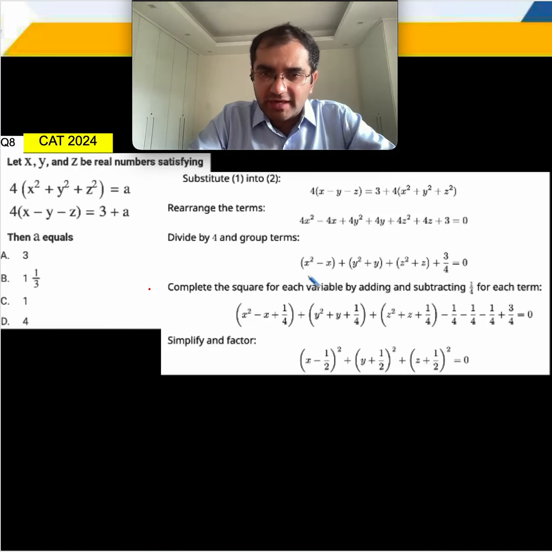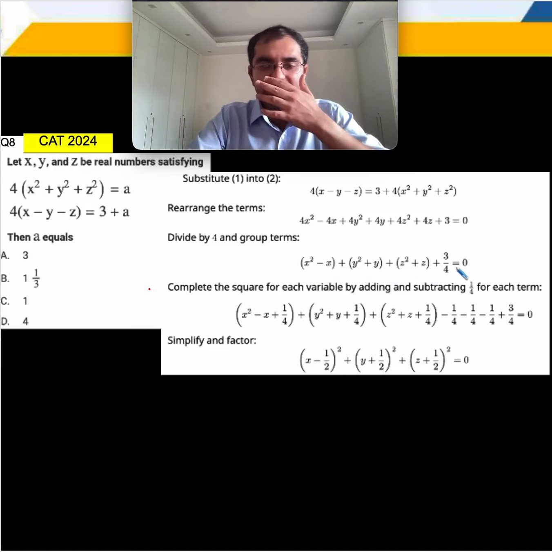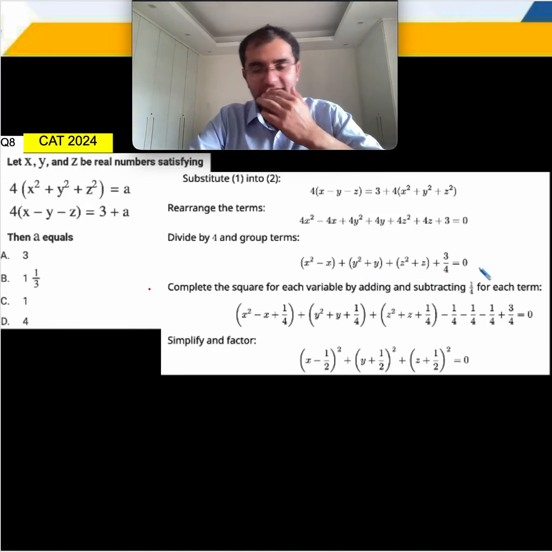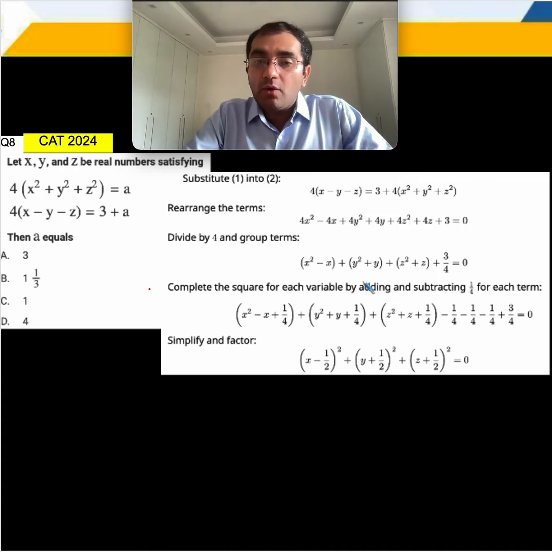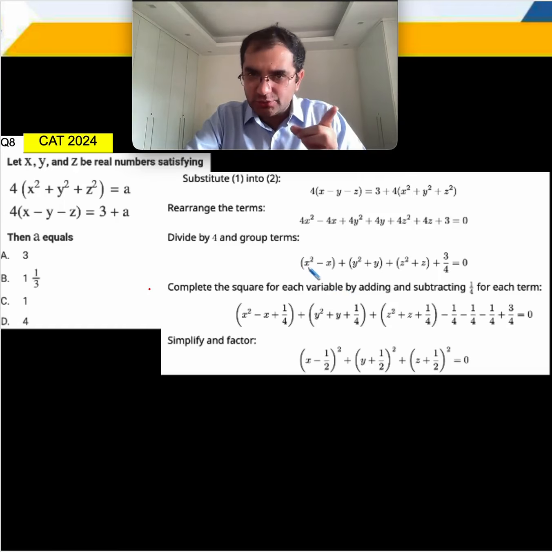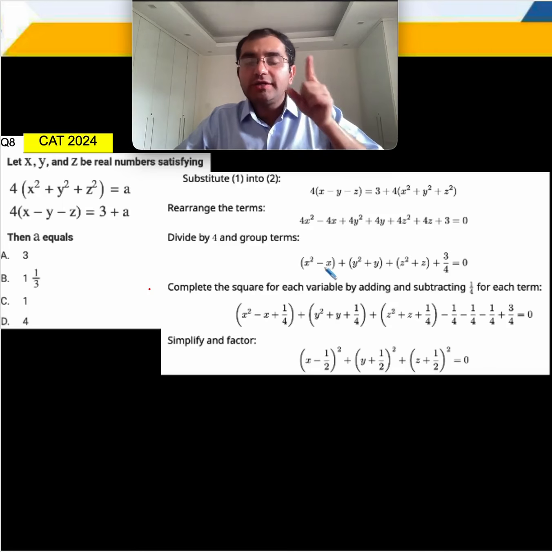So you will get this expression, x square minus x plus y square plus y plus z square plus z plus 3/4 is equal to 0. ठीक है. Now I want to complete the square. यहाँ पे क्या आएगा to complete the square? x square, ध्यान से सुनो, minus 2 into x into half plus half square.